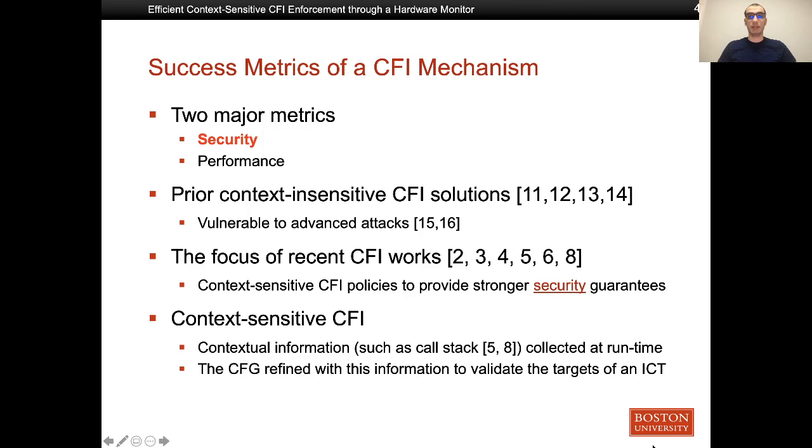Context-sensitive CFI mechanisms collect additional contextual information at runtime and refine control flow graphs with this information before validating the targets of an ICT. Different works utilize different contextual information, but one quick example is call stacks.